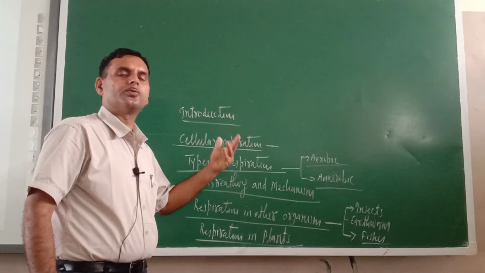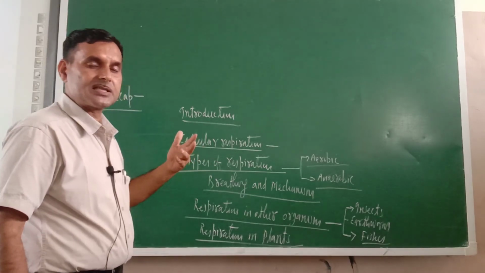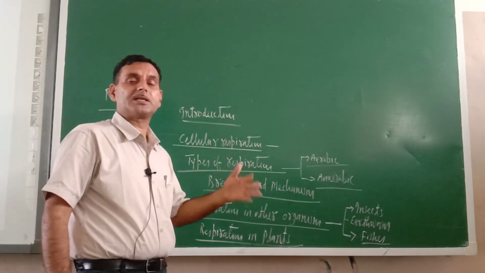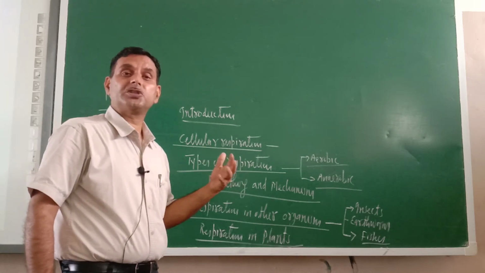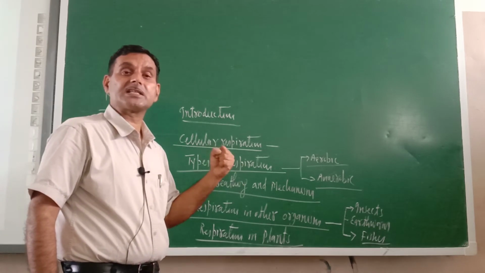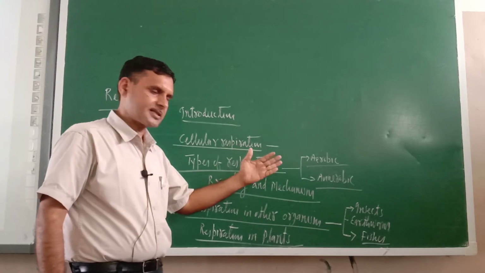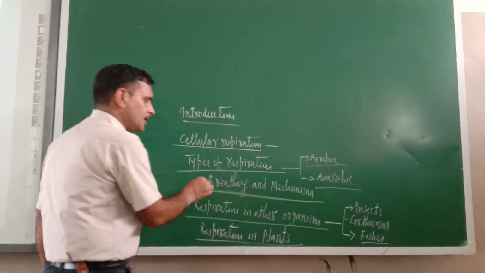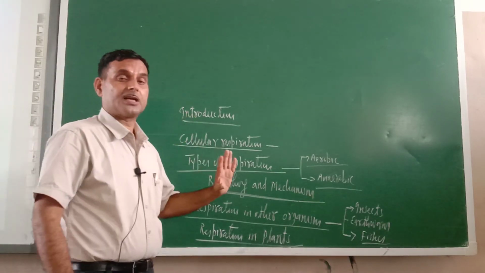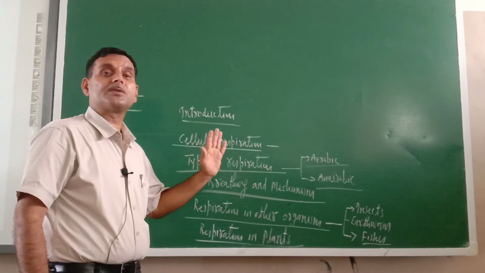Now I told you that sometimes in our muscles anaerobic respiration takes place and lactic acid is deposited there, and because of the deposition of lactic acid there are muscle cramps. All those processes I have explained. Then I taught you breathing and its mechanism. Breathing is the integral part of respiration.